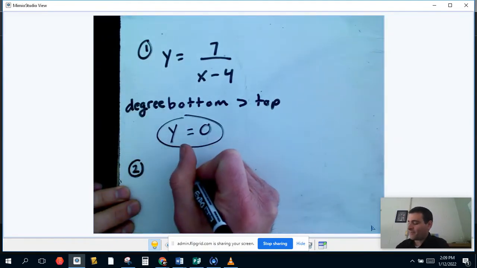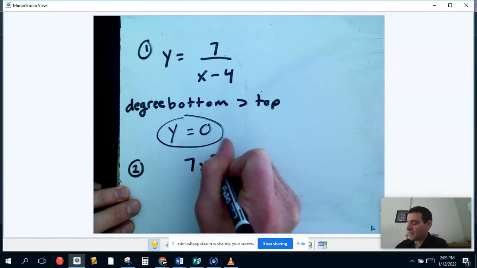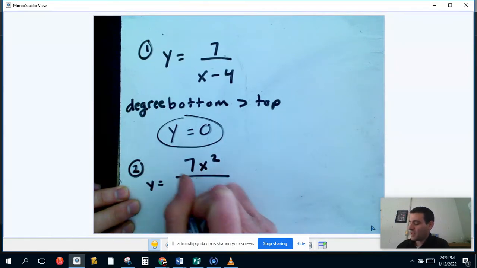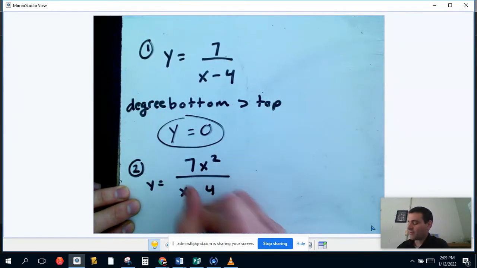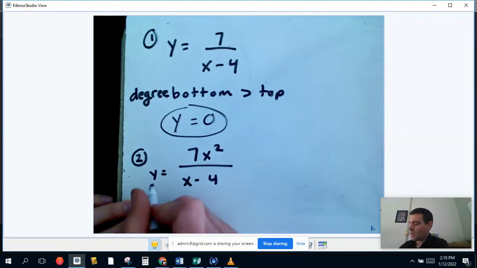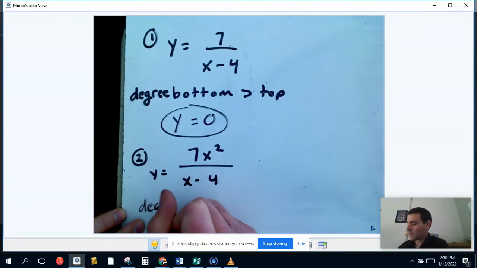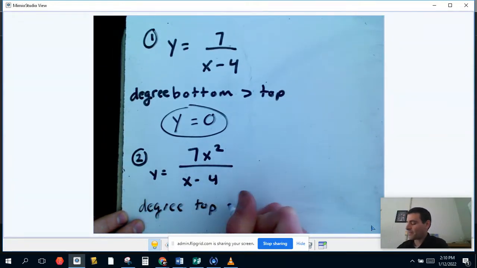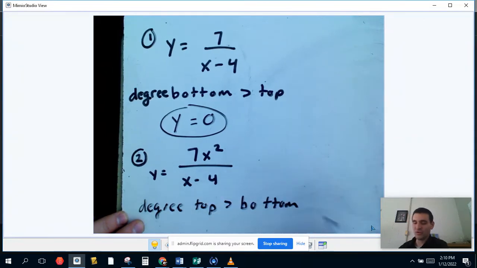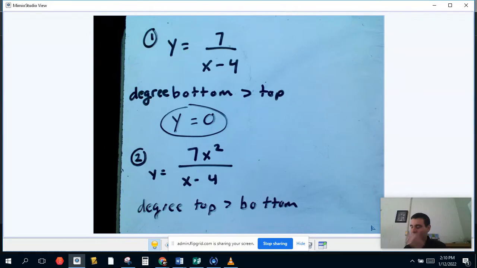Now, if you flip that, write nearly the same thing. Let's say you've got this graph. So the degree at the top is bigger than the bottom. Because I'm using these loose phrases, you could say numerator and denominator.